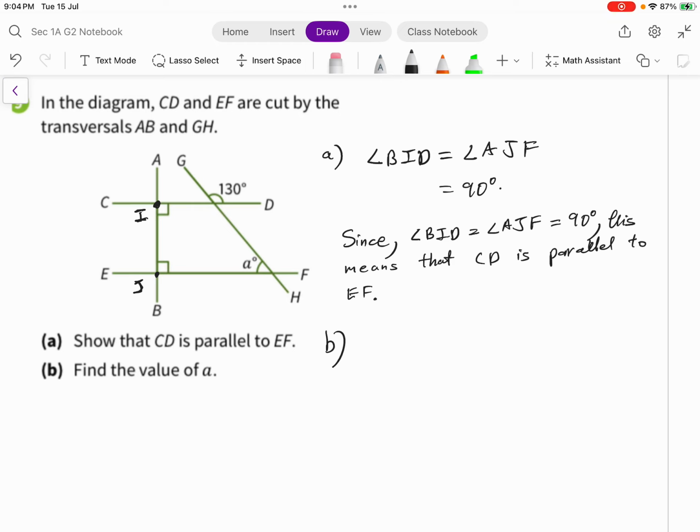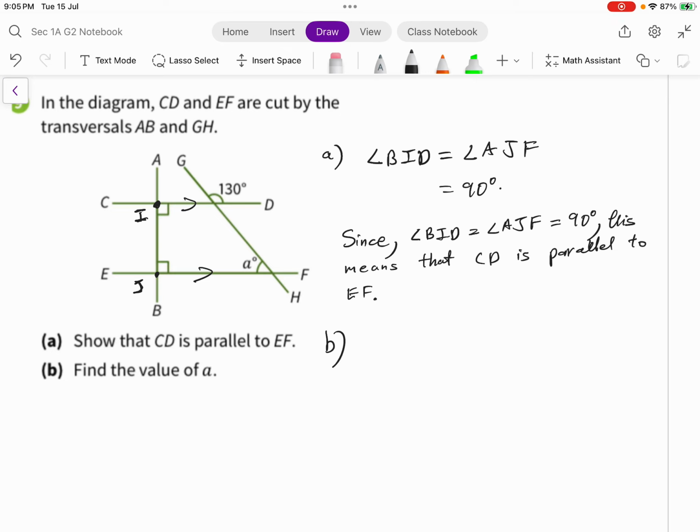Then we want to find the value of A. Right, so there's many ways we can find the value of A because we know that this one is parallel. Okay, so how do we go about doing it? Right, one way would be, I'm going to use corresponding.